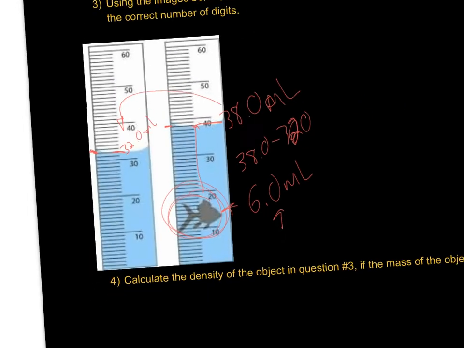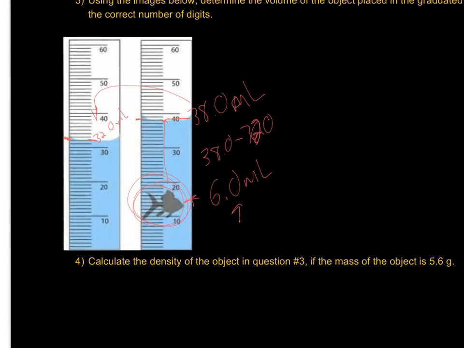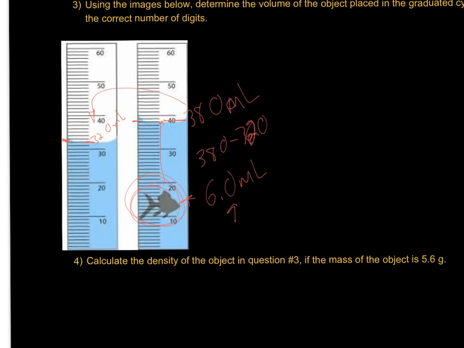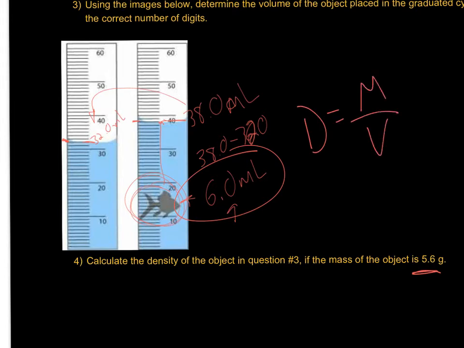Second part of the question is, if we have 6.0 milliliters as the volume and we're given now 5.6 as the mass, we need to find the density. The density is equal to the mass divided by the volume, so we can plug in density equals 5.6 grams divided by 6.0 milliliters.